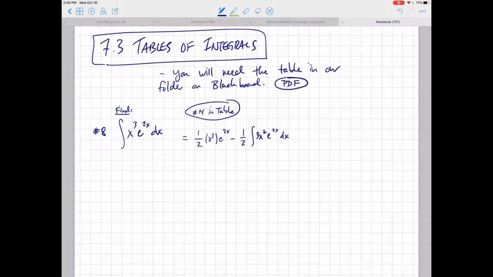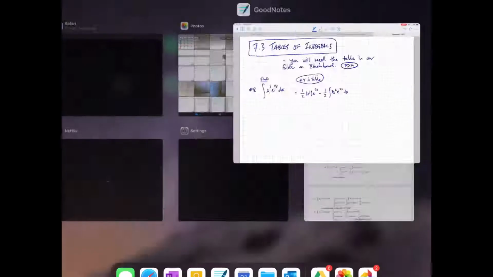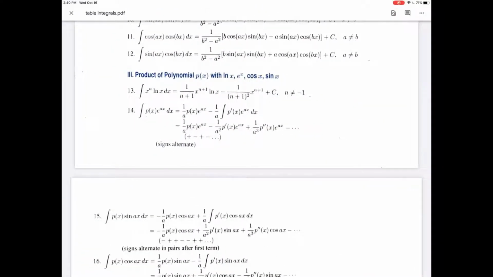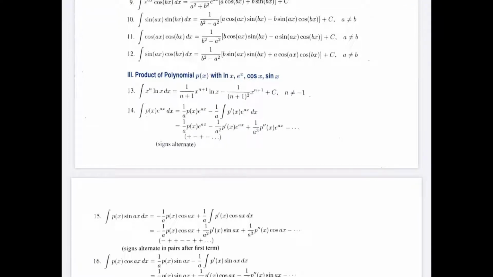Right? And so we see that this isn't quite done, since this power was larger. And so we can actually go to the second line on this table, where it has this alternating sign all the way down until your derivative is 0, which is what happens when we integrate a product of a power function times e to the ax.